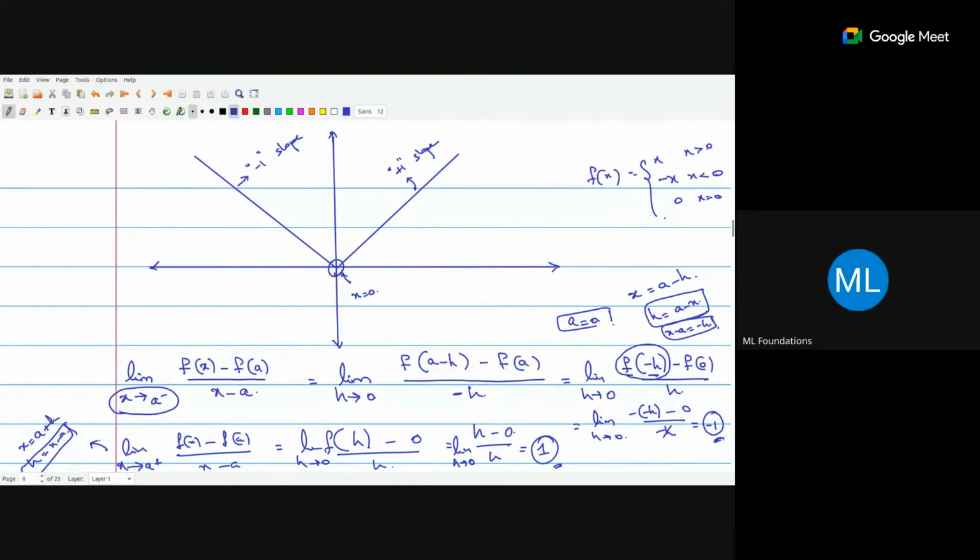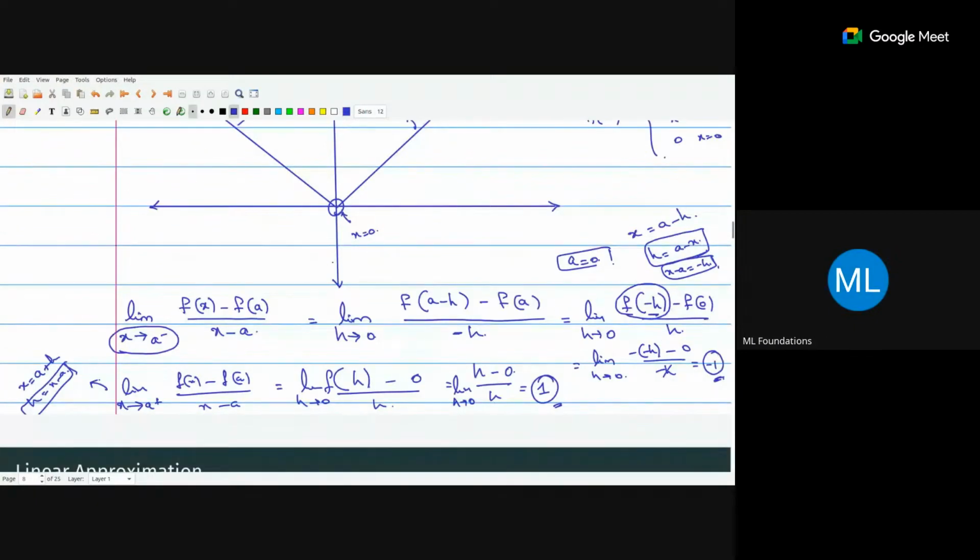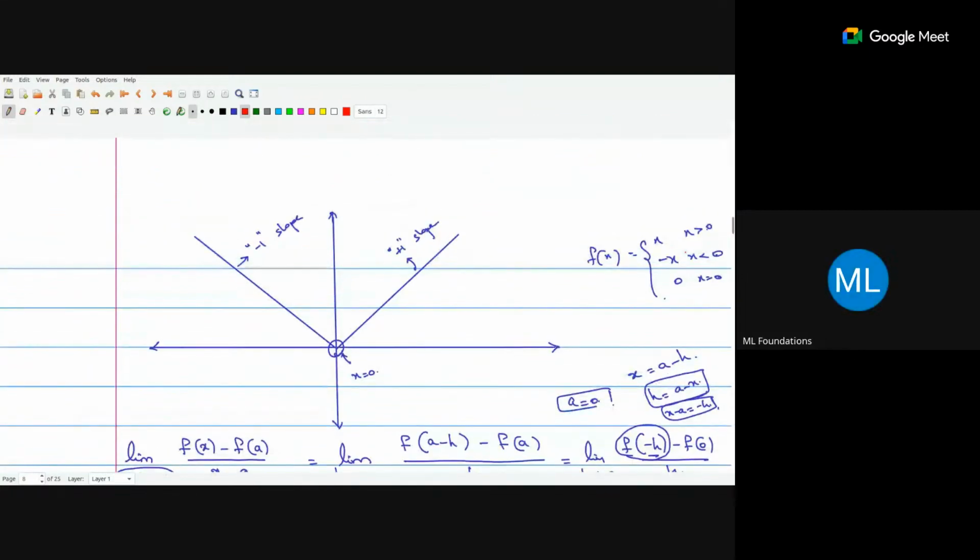So this is not differentiable at x equals 0, because 1 is not equal to minus 1. But still, can we draw a tangent line there? See the tangent lines: you will get two tangent lines, one like this, another like this.